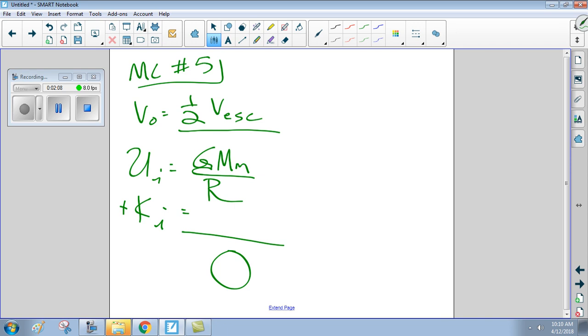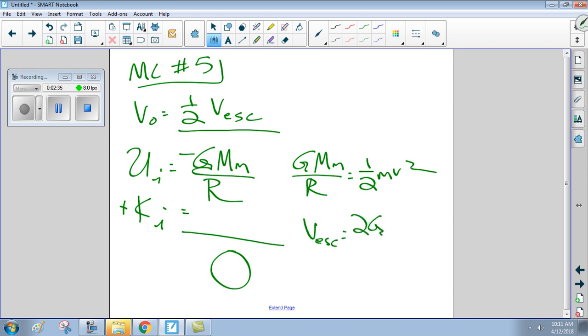So you just set GMm over R equal to 1/2 mv squared and solve for v. Is it clear why these have to add up to 0? Okay. If you solve this, you get v escape equals the square root of 2GM over R.